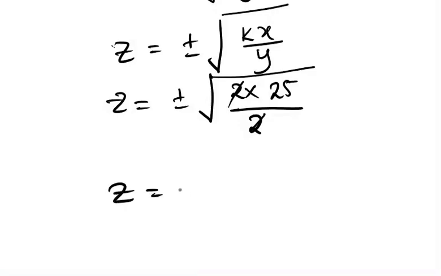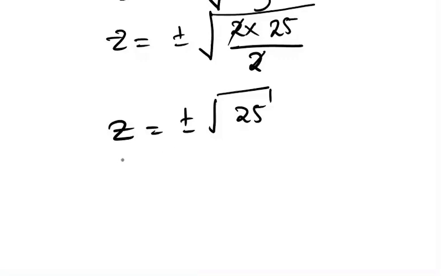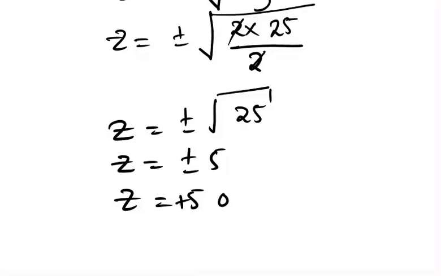So z equals plus or minus square root of 25. Okay, so we know the square root of 25 is 5. So meaning z is equal to positive 5 or z equals negative 5.